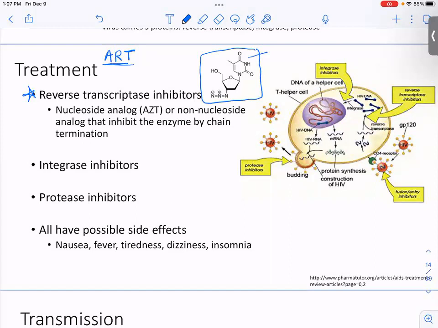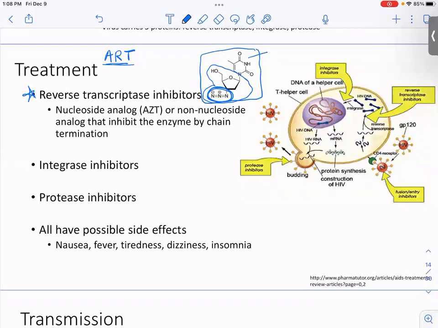And then this is similar to deoxyribose, except instead of this 3' hydroxyl group that's normally there, we have an azide, the triple bonded nitrogen structure there.